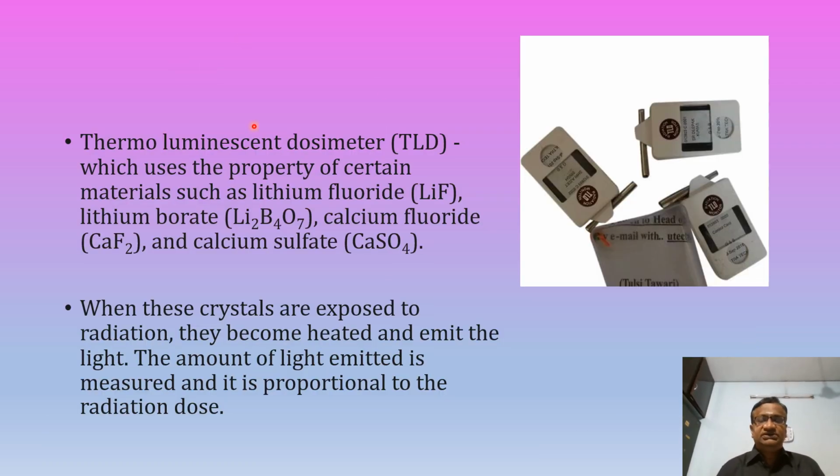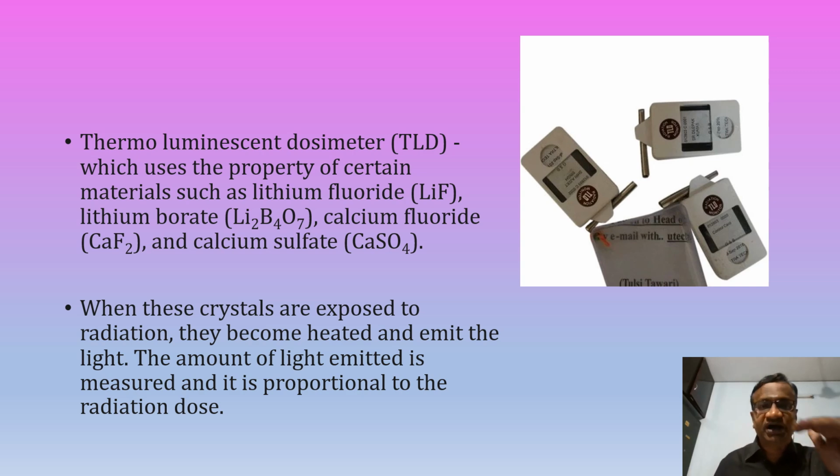So now there are a lot of people who wear badges. TLD badges. What is this TLD? Thermoluminescent dosimeter. This has got lithium fluoride, mainly lithium, calcium fluoride. When they are exposed to radiation, they become slightly heated and emit light, from which the dose of radiation is calculated.